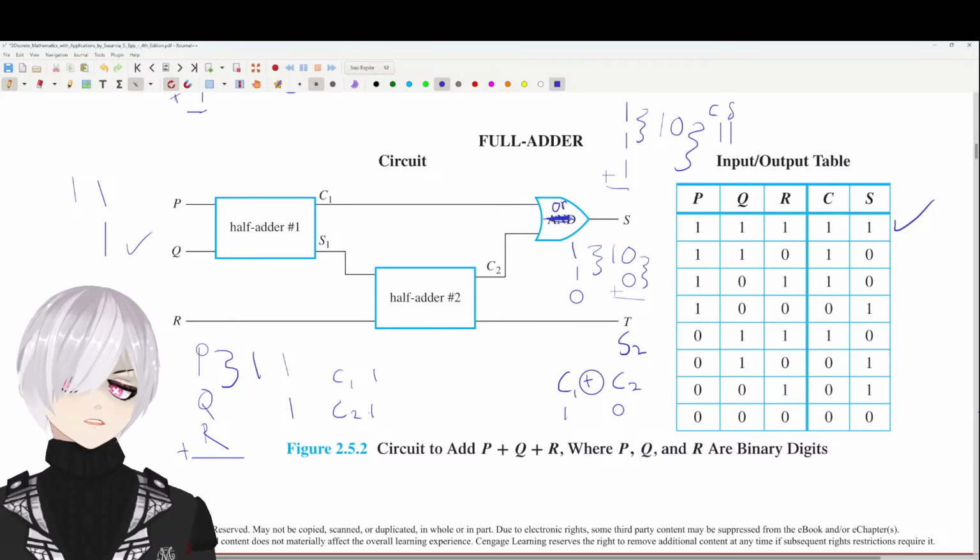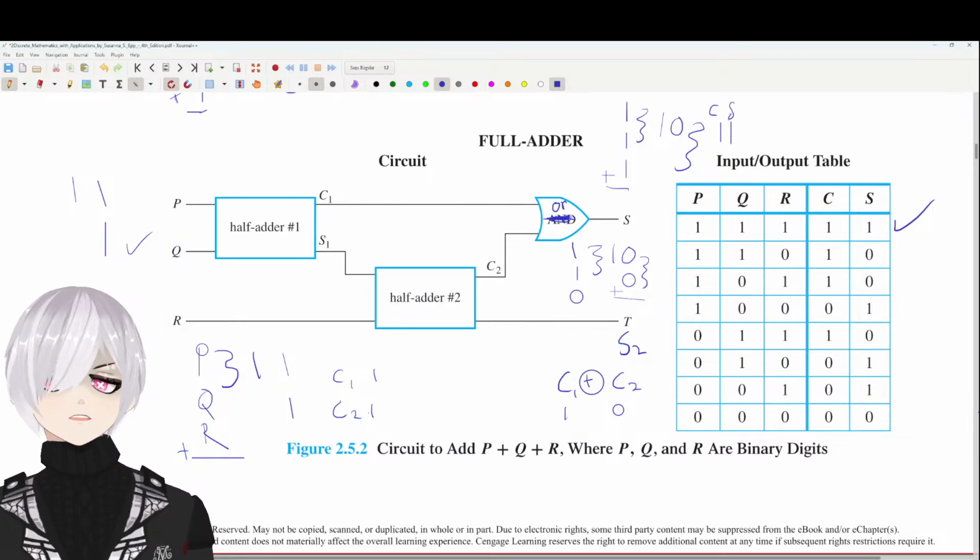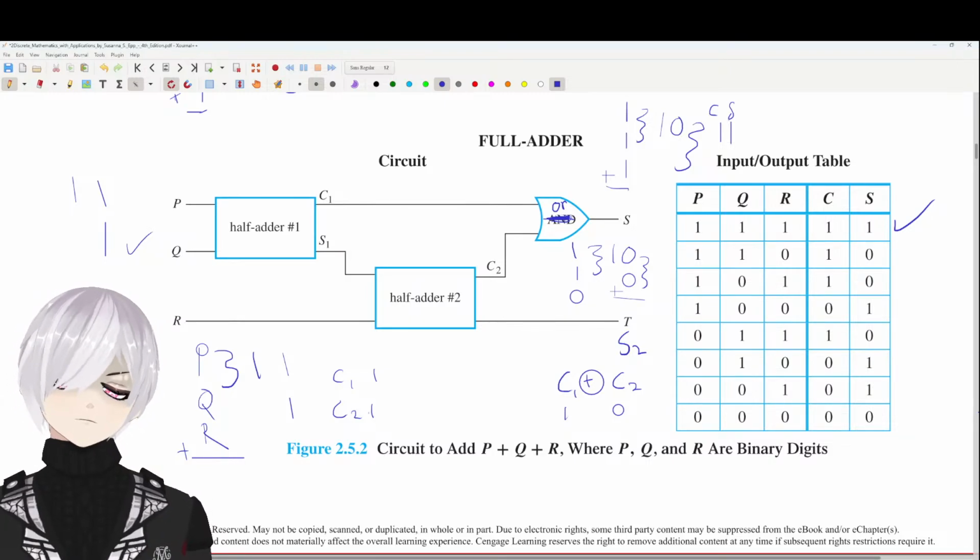I guess that's just obvious logic, but when you're learning it for the first time, this is how you would have to learn it.